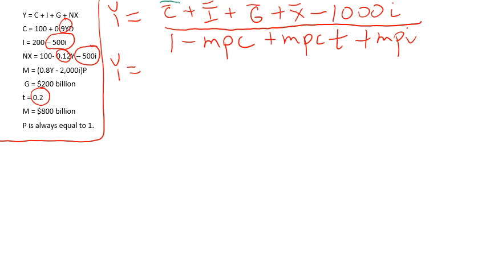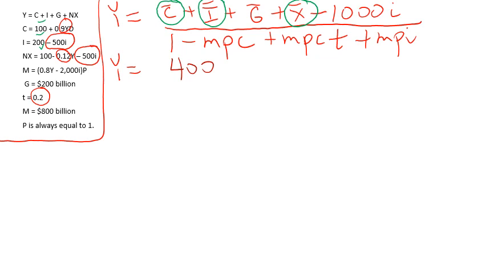I'll add this number up, which is 100, and this number, which is 200, not G, not G, not G, and this number here. So that's 100 plus 200 plus 100. Well, that's a total of 400.